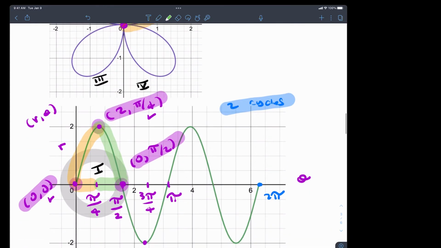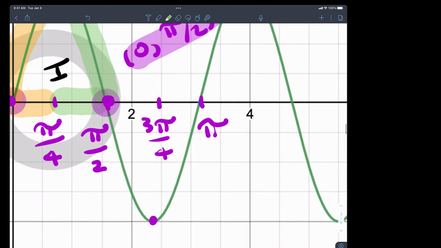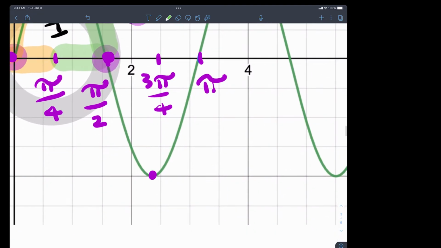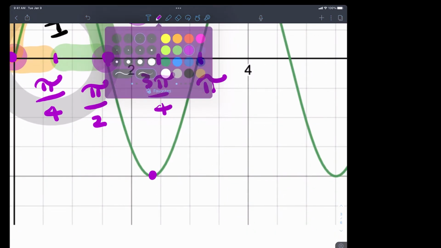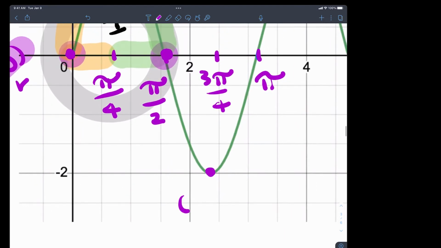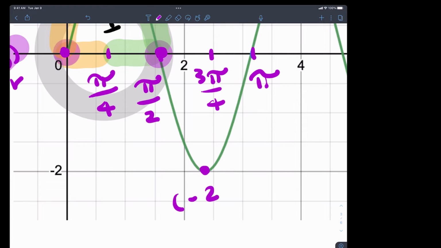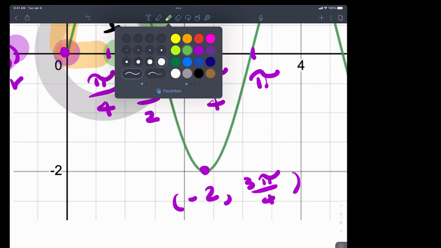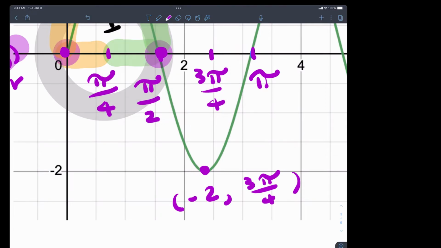Now, similarly, you say, well, what's going on here now? Well, read these locations here. This is the next point, and the radius is -2 here. So we have to know how negative radiuses work. And the angle now is 3 pi over 4 here. Okay, that's this particular location here. Where are you? Here you are.